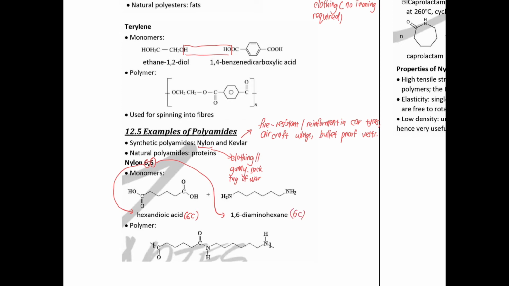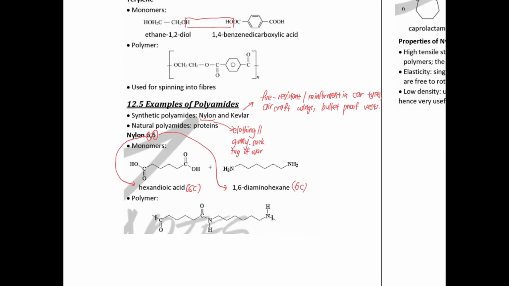Now when they join up, how they join up basically is the carboxylic acid and the amino meet each other and then they remove H and OH.